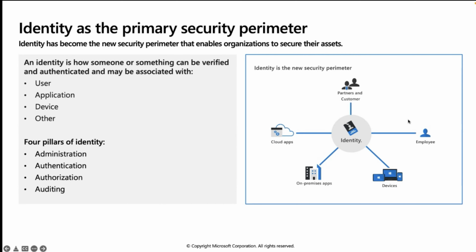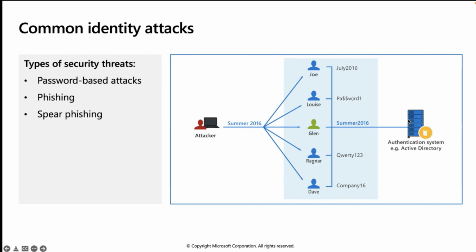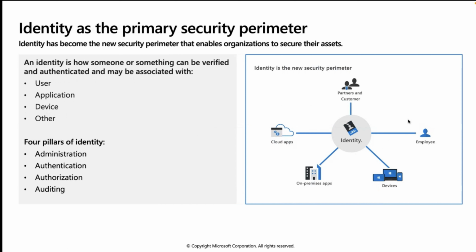And then, of course, once the hacker has access to your account, he can then be authenticated. Okay, so identity is the first and primary security perimeter. All right, so everything has an identity, by the way.